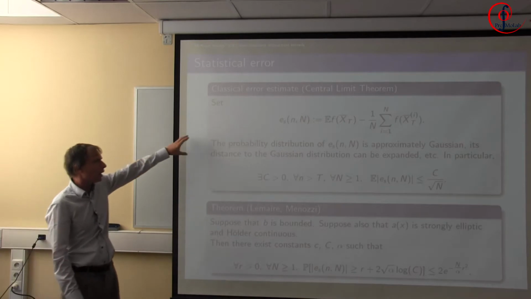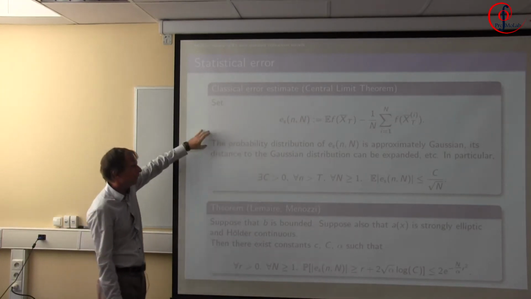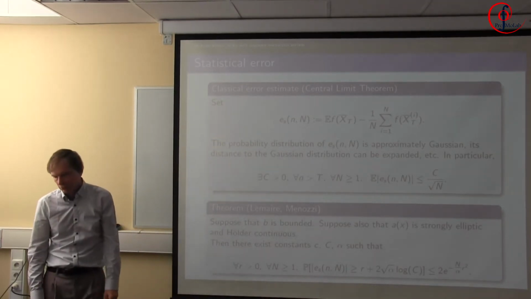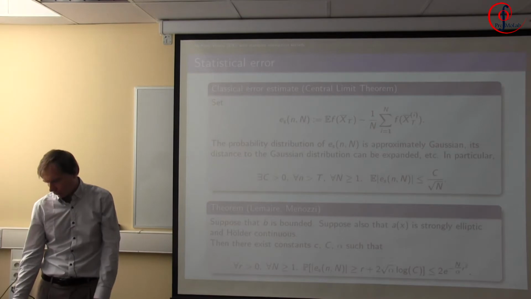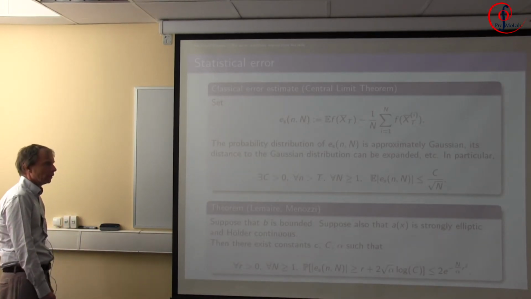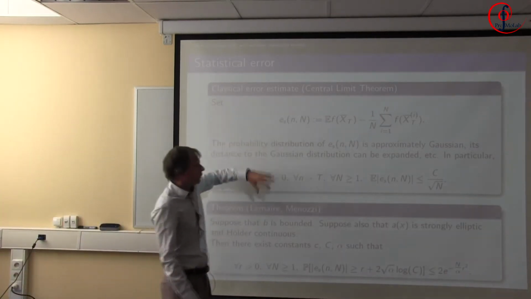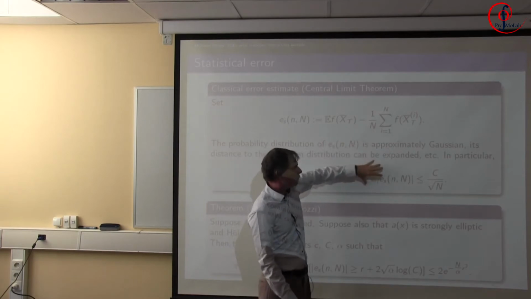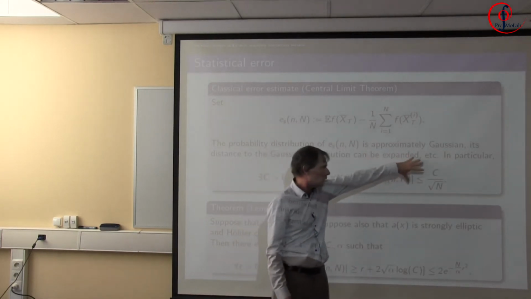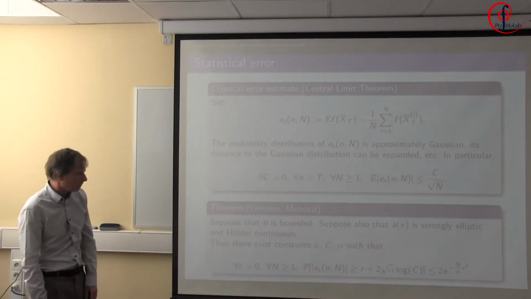Of course, you have in your hands either the central limit theorem or much more precise estimates such as Berry-Esseen inequalities and so forth. So basically, these non-asymptotic estimates tell you that for every capital N, the error is of order 1 over square root of capital N.